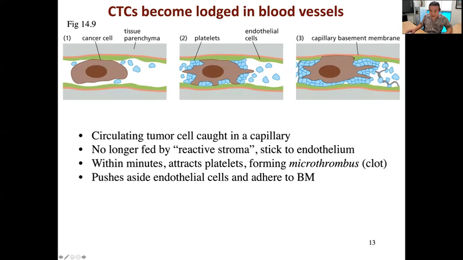Right? So the cancer cell begins to push aside the endothelial cells, and once it gains access to the basement membrane, something interesting happens.